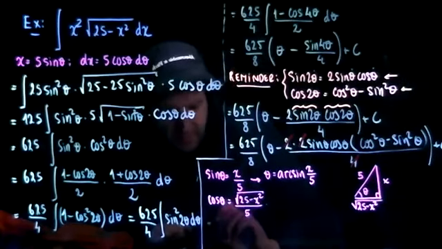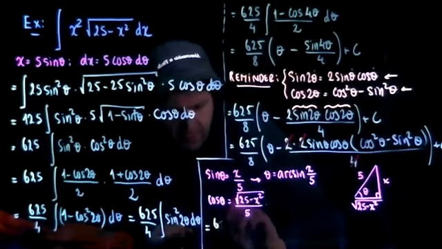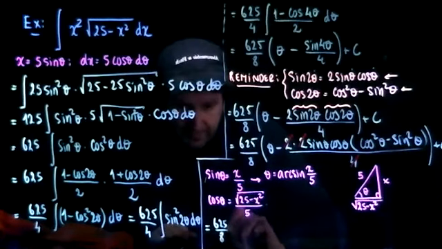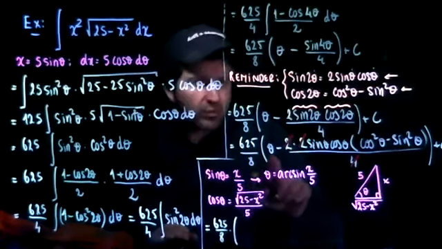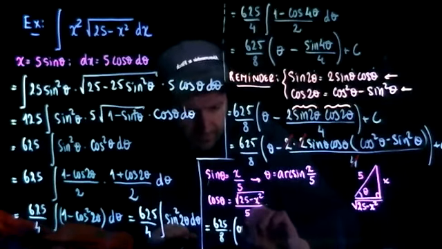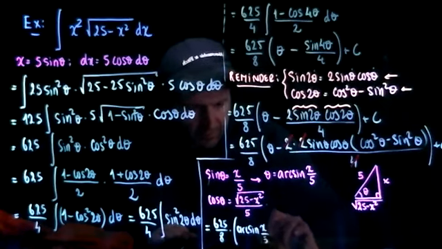Okay, so let's finish it off. So it's equal to 625 over 8 times theta, which is the arc sine of x over 5.